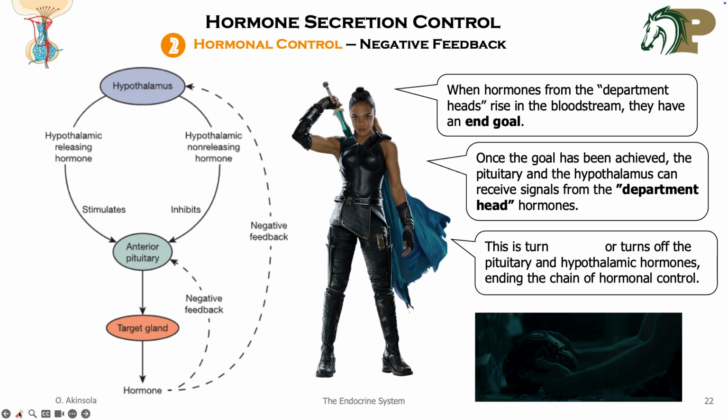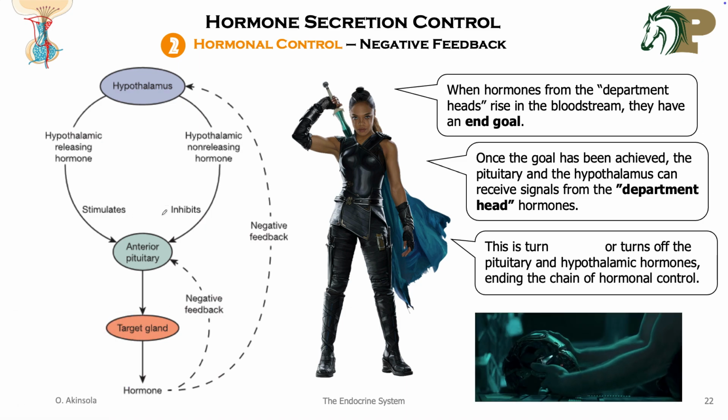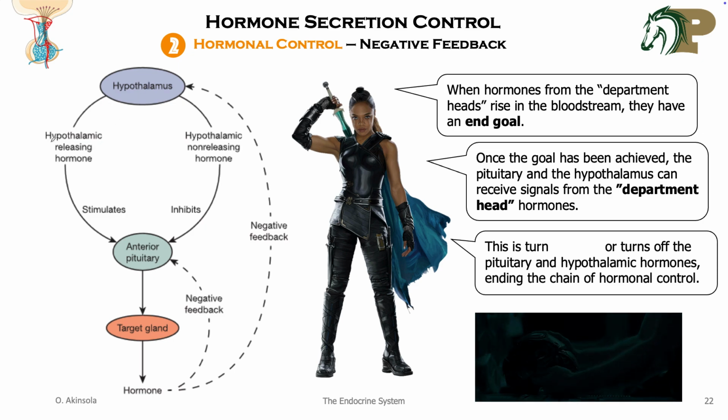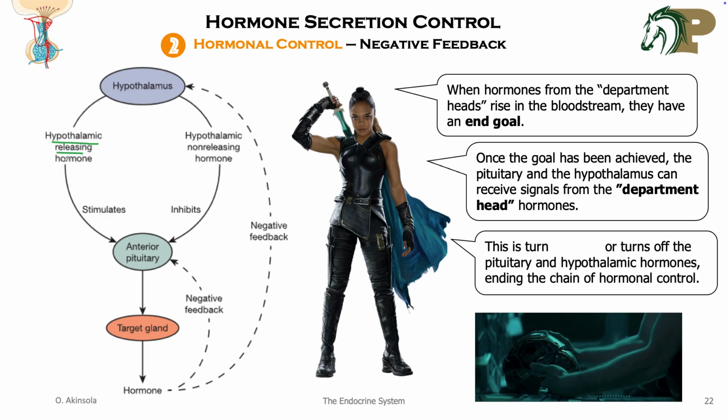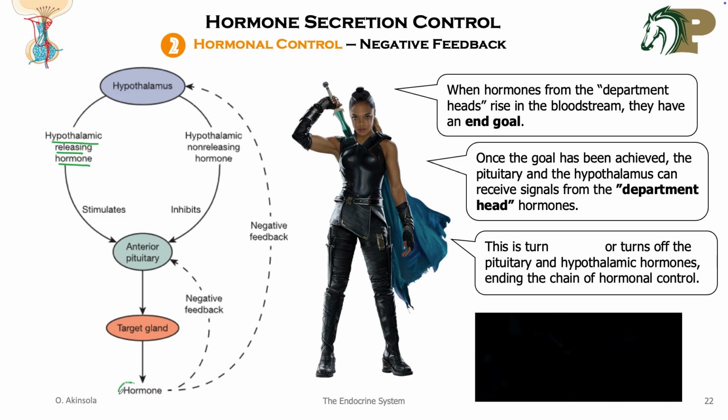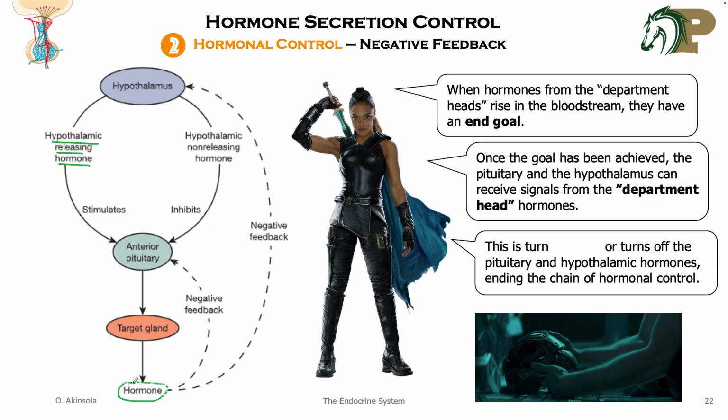So if you look down here, the hypothalamus releases a hypothalamic releasing hormone that will then tell the anterior pituitary to release a hormone to the target gland, and that will result in the release of a hormone.